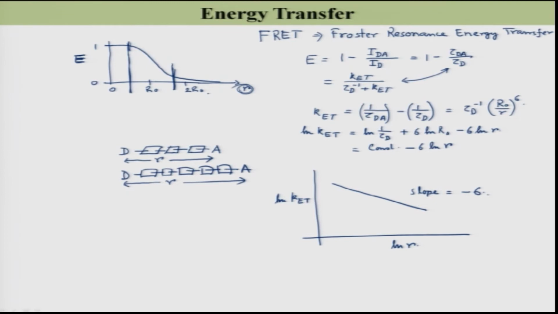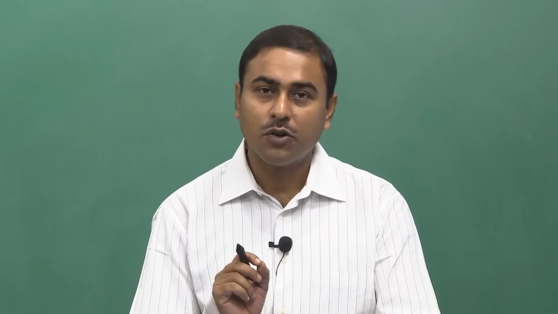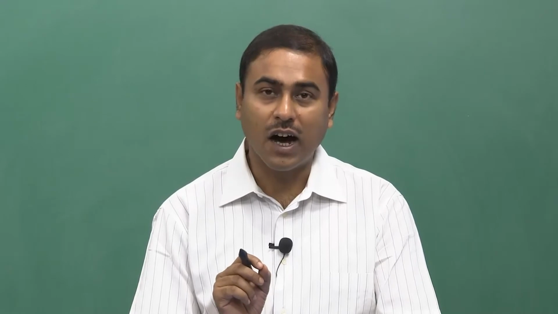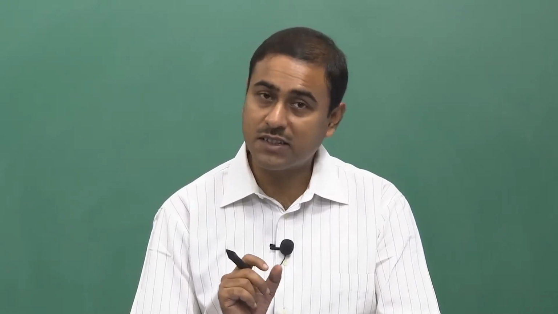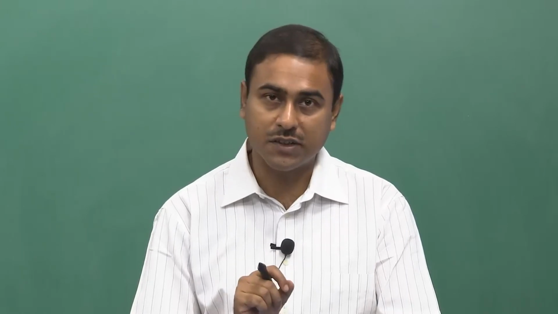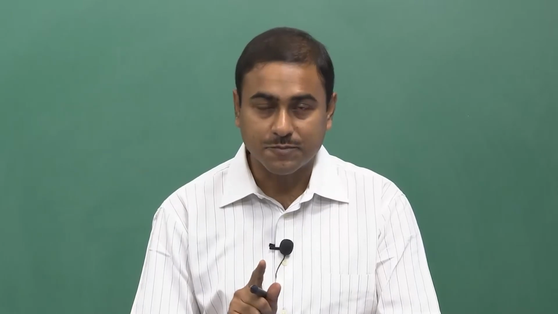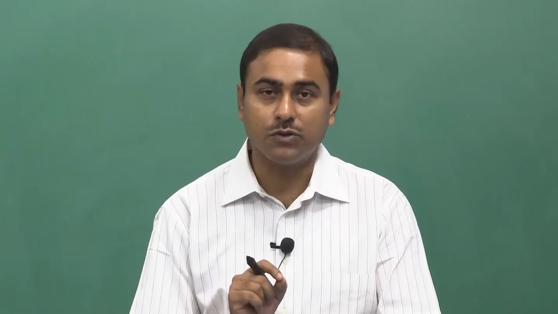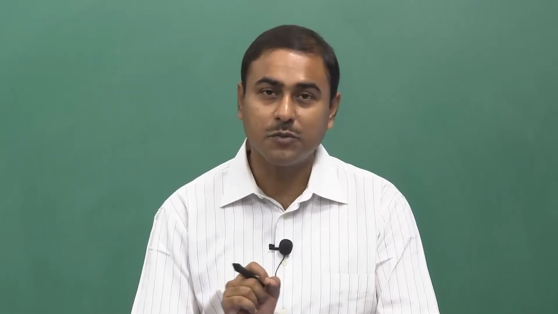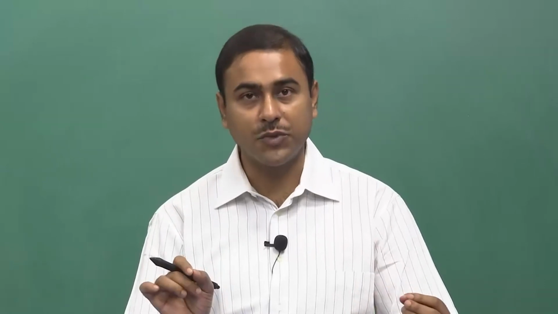But I will tell you one thing. When people have studied this type of Foster resonance energy transfer, in cases where the small r value is too small, people have seen that it deviates from this equation, deviating from the r to the power 6 dependence, and there the exchange interaction is more favorable compared to the Coulombic interaction between the donor and acceptor. These r to the power 6 terms come in because of the Coulombic interaction.